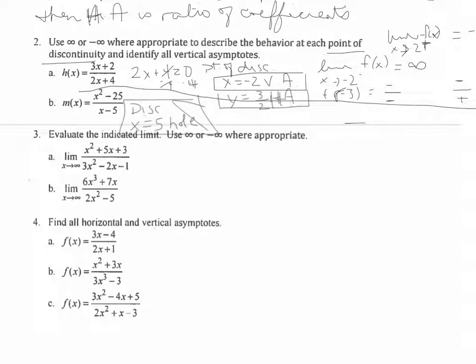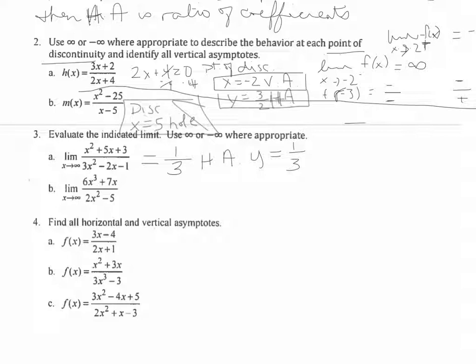They're the same. And if they're the same, what would that mean my limit is? It's got to be the ratio of their coefficients. What is the coefficient that goes with x squared on top? 1 over 3 on bottom. And that means I have a horizontal asymptote at y equals 1/3. Okay? And all I have to do is look at the ratio of those first terms.